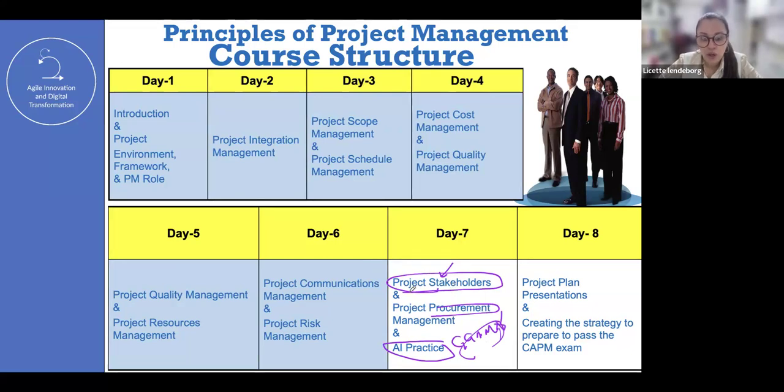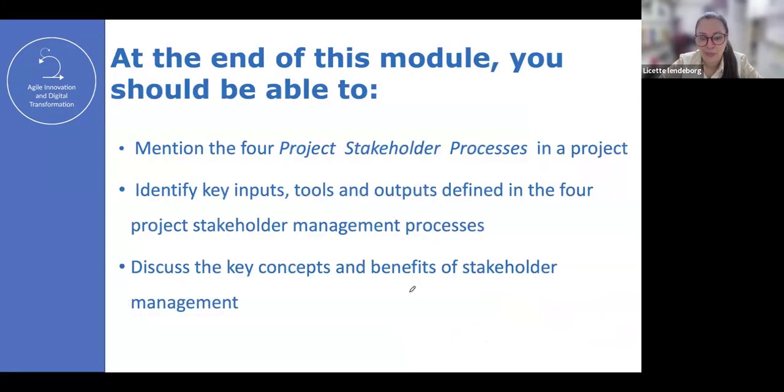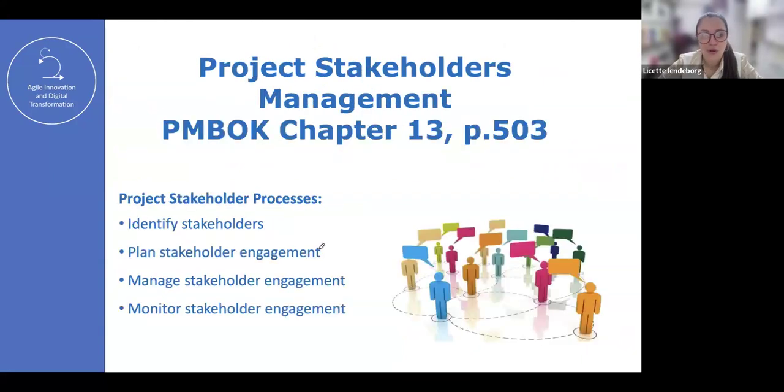And now stakeholders, what is that? Stakeholder management. I'm going to go straight to the definition of the processes. We have 4 processes. We need to identify who the stakeholders are. Number 2, you need to engage the people because you cannot do it by yourself. You need help.